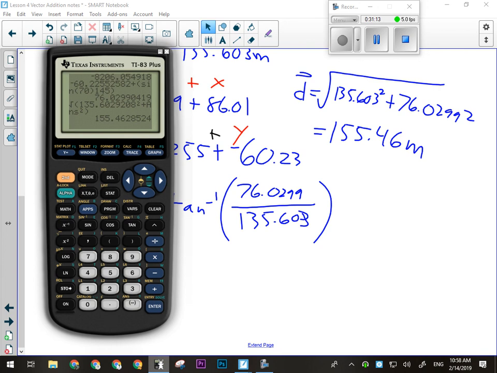So we'll have our second tan of 76.02990419 divided by 135.6029208.